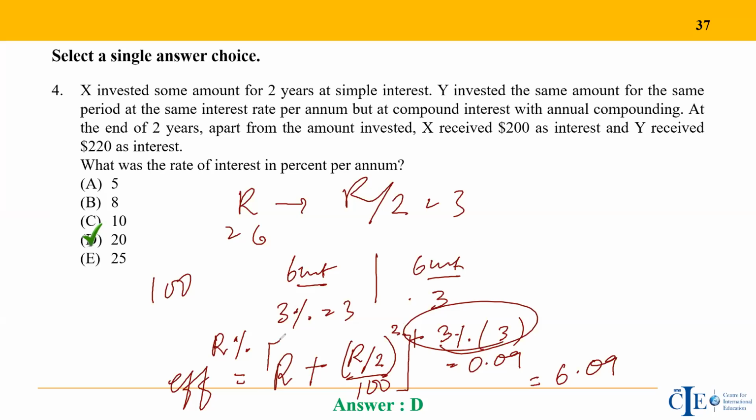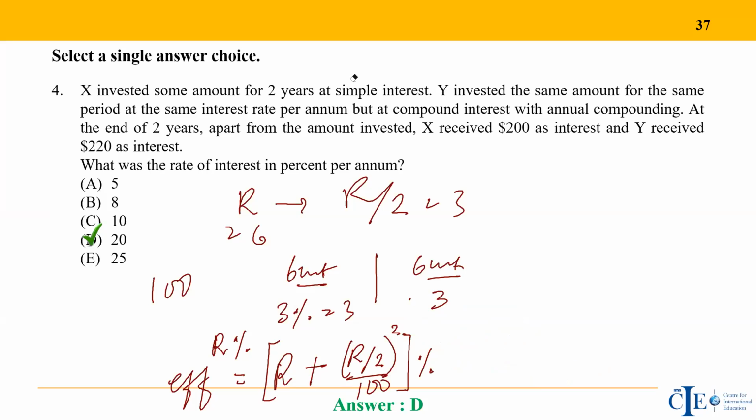If you look at the formula correctly, it is in percent. So this is the effective yearly interest that you should charge for R% half yearly, which will fetch you the same interest at the end of the year. So whatever be the R value, this is what you'll see.